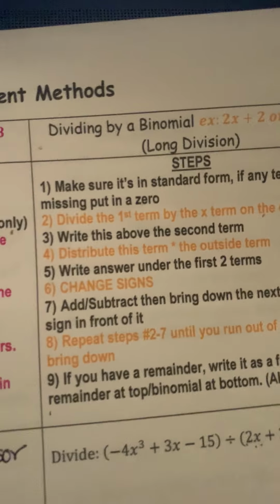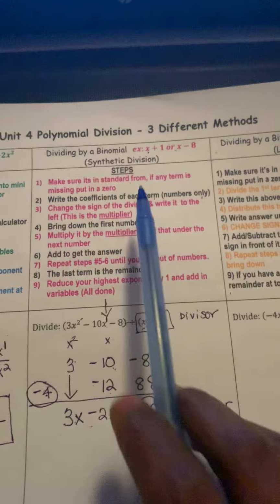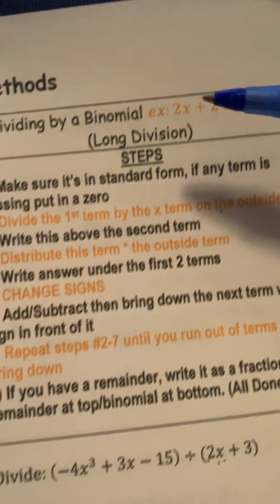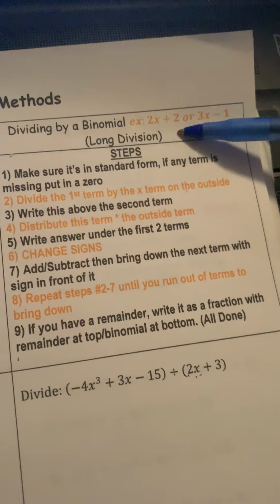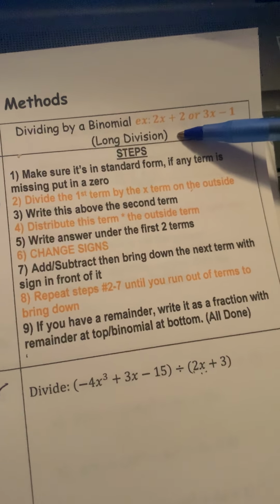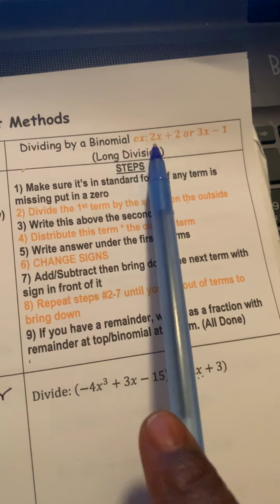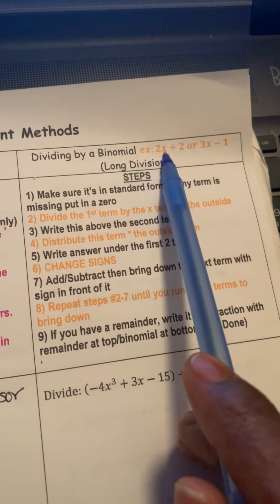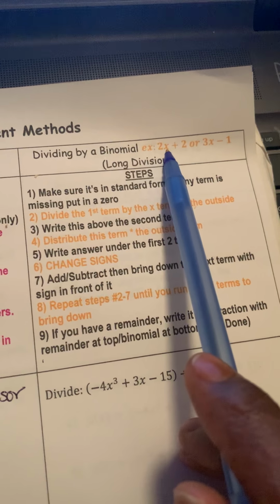Okay, this video is the last method for dividing polynomials. So this is long division, and you only want to use long division when your divisor is a binomial, but it starts with a number instead of just starting with x.